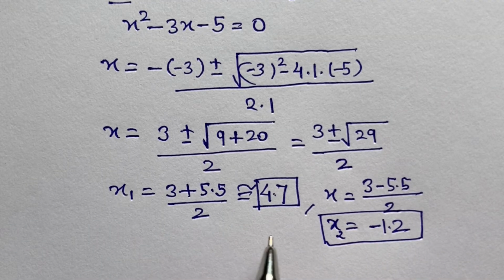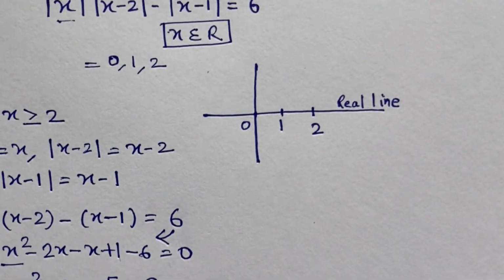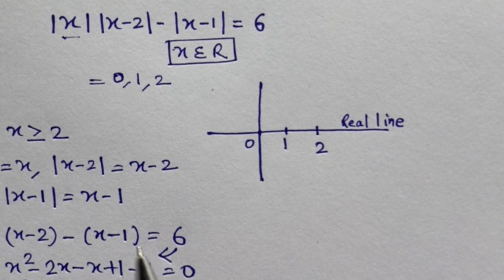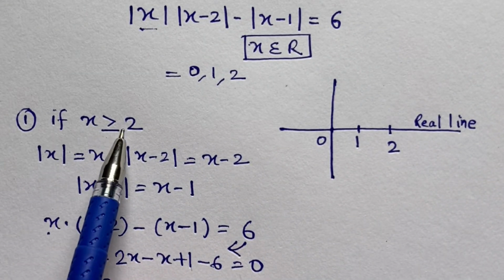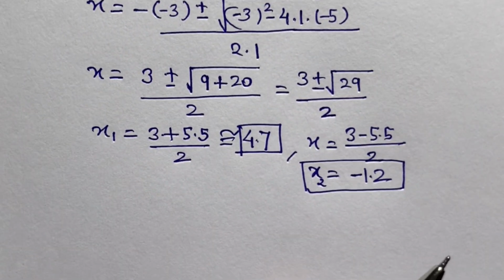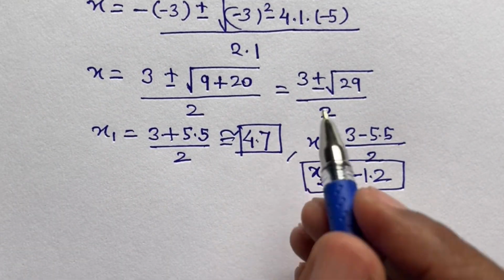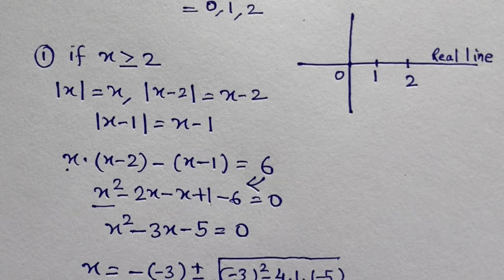For these two values, one is 4.7 and the other is −1.2, we are going to check against our condition, x is greater than or equal to 2. Only one solution, 4.7, satisfies this condition.